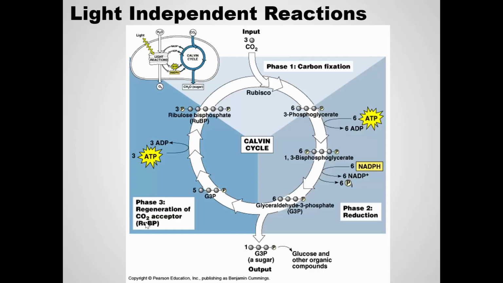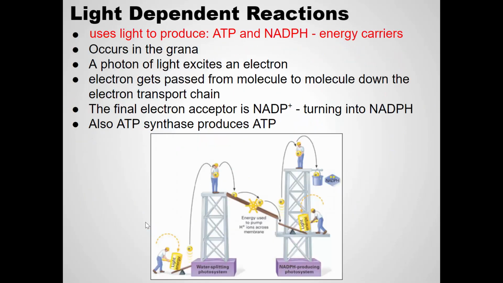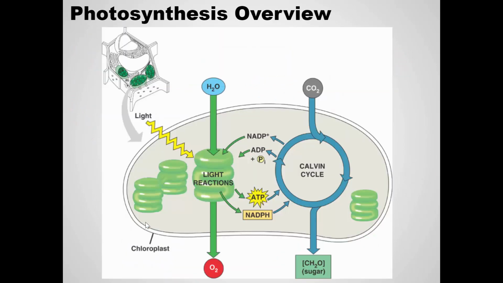Right, so again, just looking at this overview, light-dependent, light-independent. The products of the light-dependent reaction power and allow carbon dioxide to be transformed into carbohydrates. And what about these things? Where do you think these molecules come from?